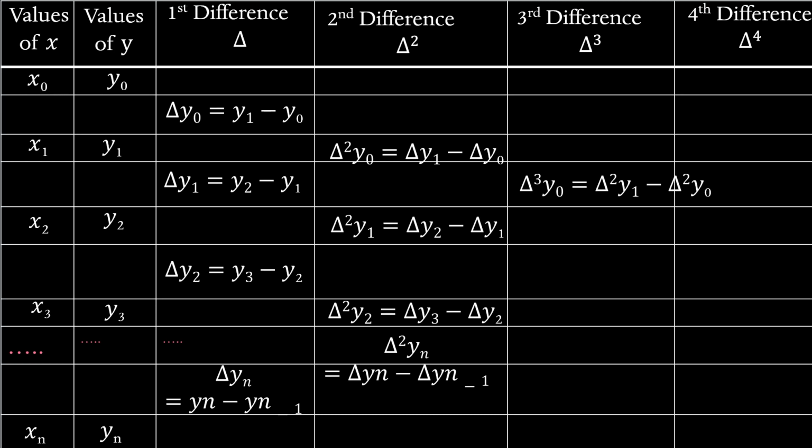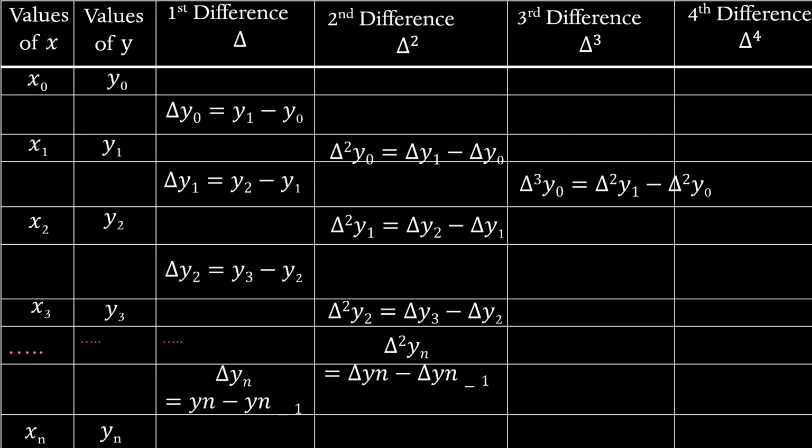So while writing in the book, write it carefully. Delta cube y0 is equal to delta square y1 minus delta square y0 should come in the next column, that is, in the column of delta cube next to the delta square column, in between the rows of delta square y1 and delta square y0.